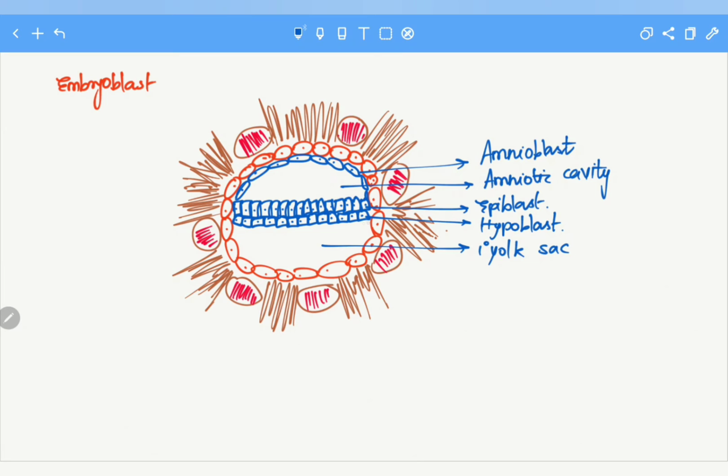The cells of the hypoblast just start proliferating and seal the cavity of the yolk sac. So now, these are the amnioblast cells. I hope by now you know that these cells line the amniotic cavity and form the roof of the amniotic cavity.